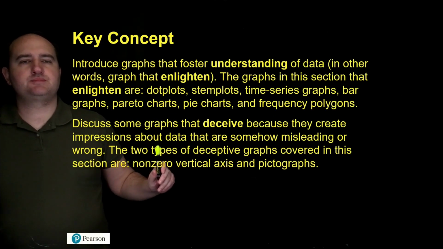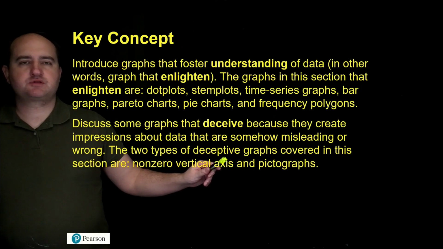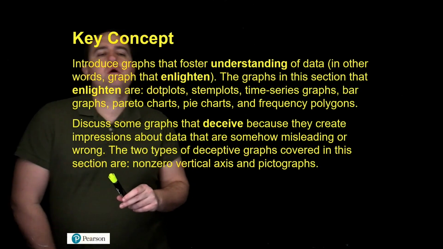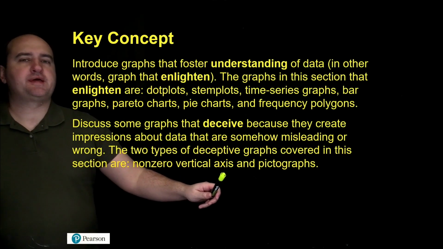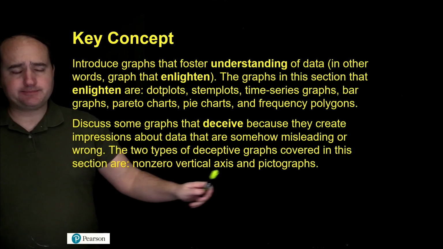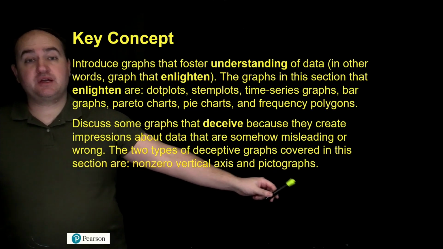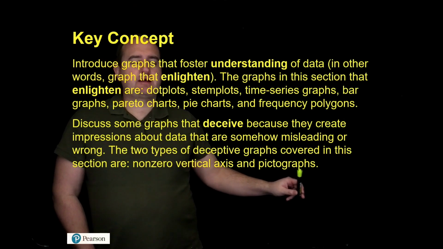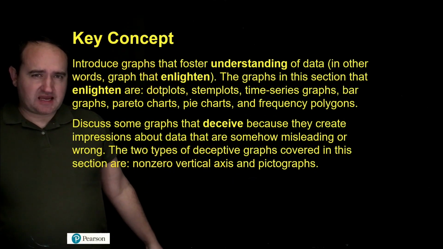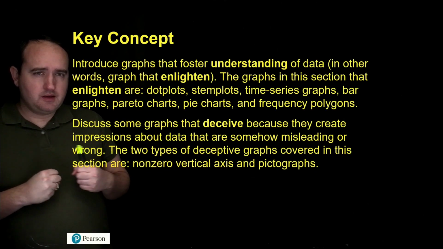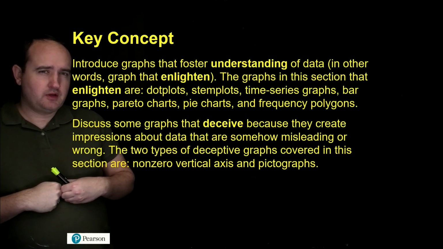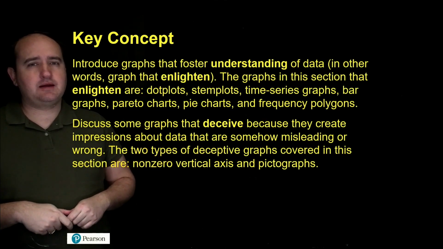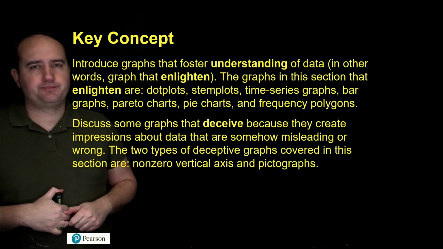Okay, and then the two types of deceptive graphs covered in this section are non-zero vertical axis, so we'll see an example of that, and then also pictographs. A lot of people don't realize that pictographs are actually a type of graph that tends to over-exaggerate a change in the data. Okay, so we'll see that at the end.